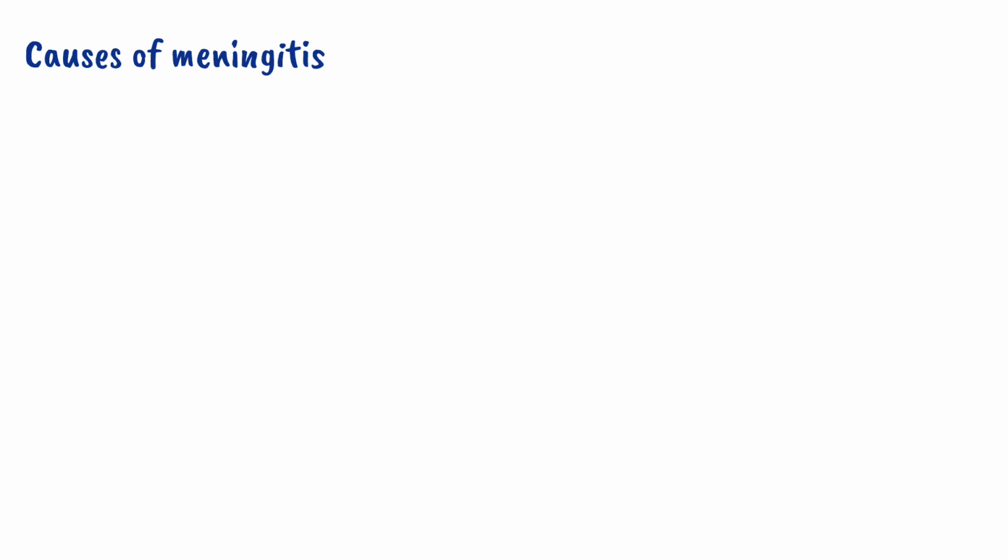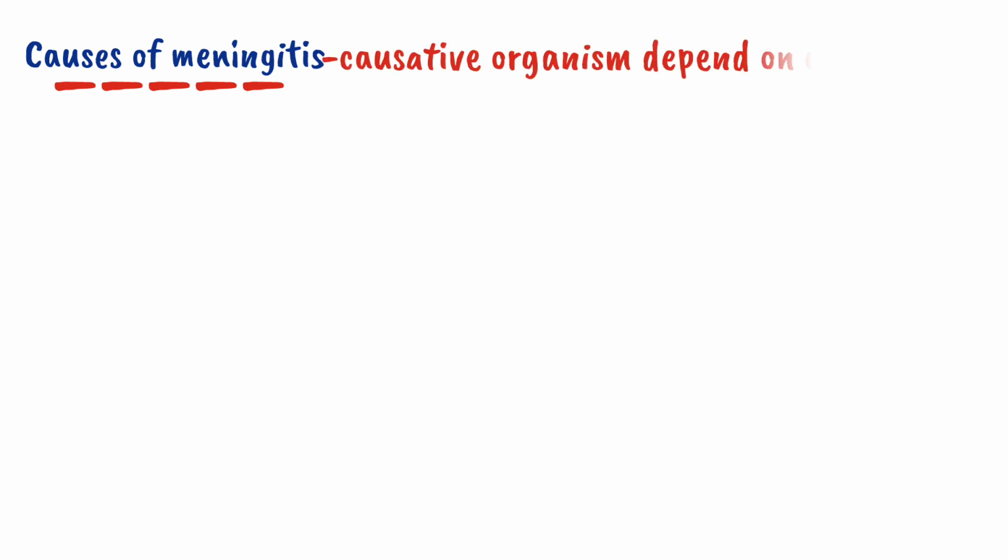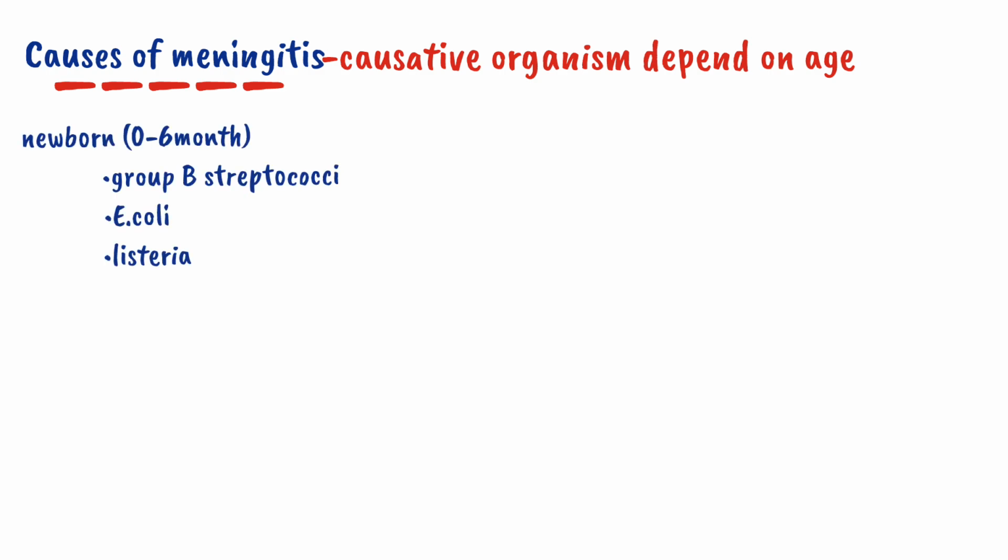Now a question arises: what causes meningitis? Remember that meningitis can be caused by a wide variety of organisms such as viruses, bacteria, tuberculosis and fungi or histoplasmosis. But the most important cause, the specific organism, will depend on age. For example, in a newborn, from birth to 6 months, the most common causes of meningitis include group B streptococci, E. coli and listeria.